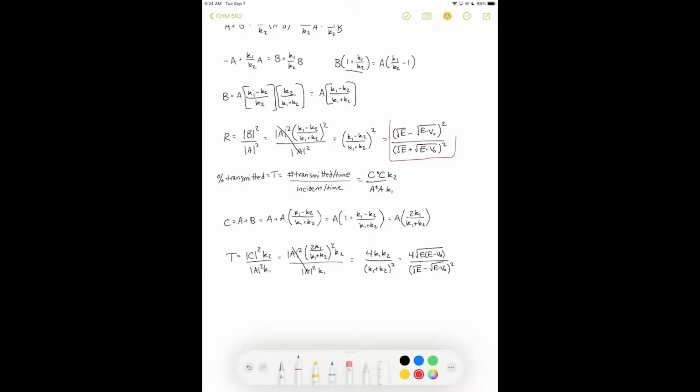We can figure out how likely our particle is to be reflected and how likely our particle is to be transmitted. And again, the important distinction here is that these results don't quite match our classical understanding. So if we go back to the slides, we can see what we'll get here.